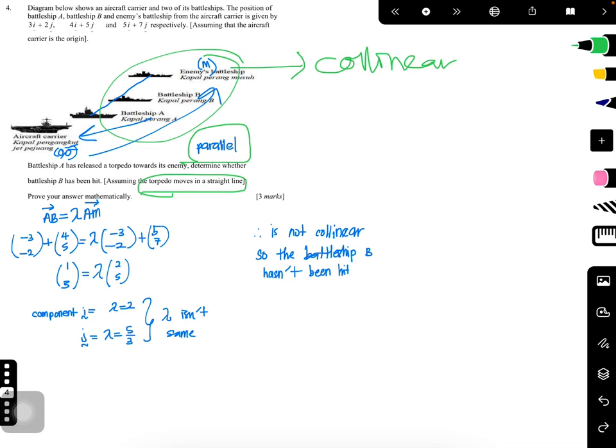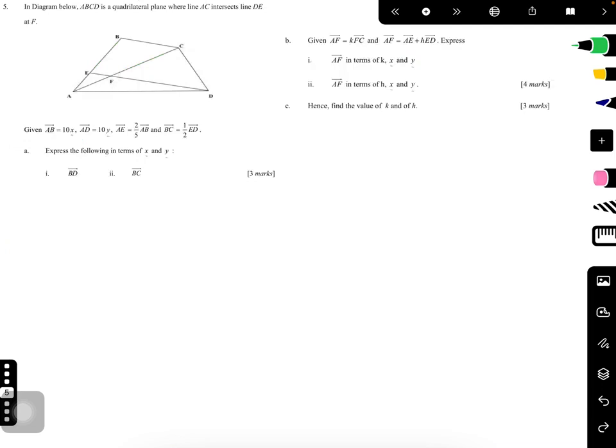Okay, this might be a KBAT question, but it is actually easy if we understand the concept of collinear, the concept of parallel vectors, and we know how to use the lambda and the components of i and j. Okay. Let's proceed with question 5.